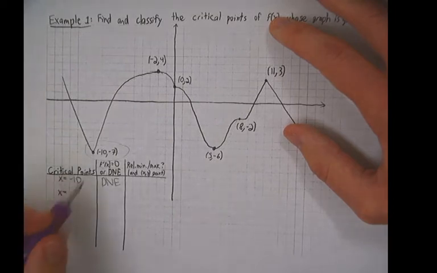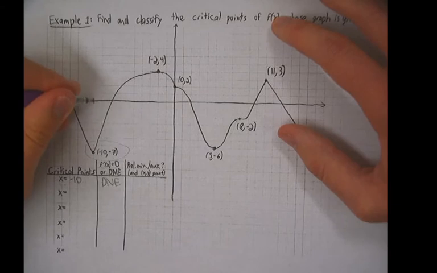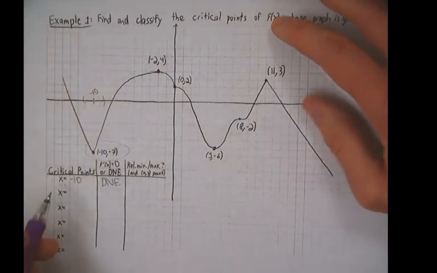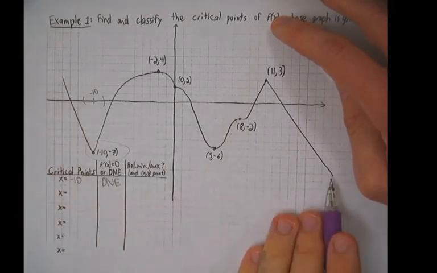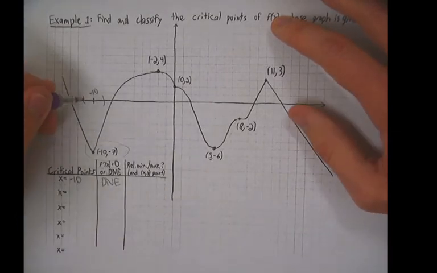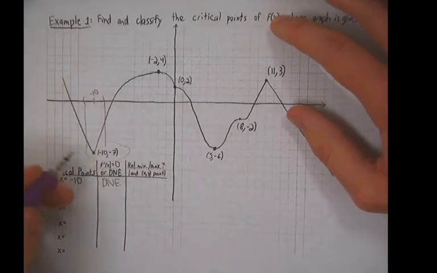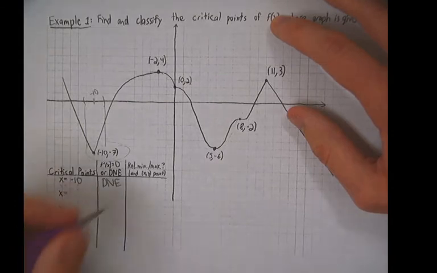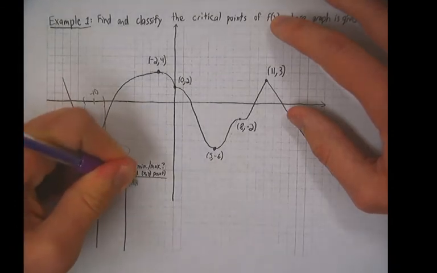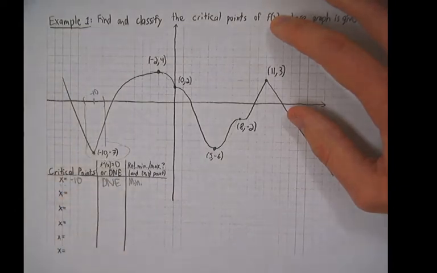If we take some open interval around -10, it may not be the lowest point at all, but it is the lowest point if we restrict to some interval around -10. So this will be a relative minimum at -10, -7.